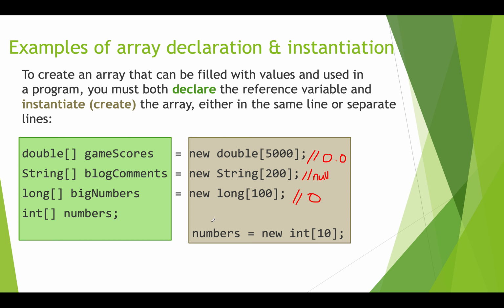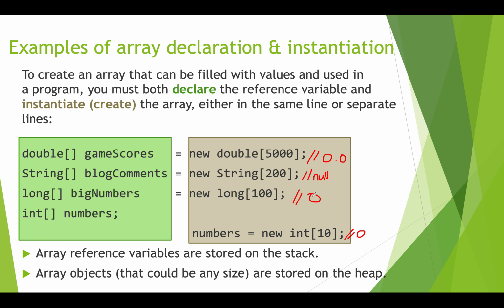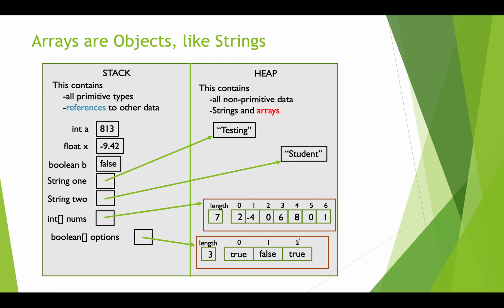Later on in our code, we can say numbers equals new int 10, and this is creating an array that can hold 10 ints whose default value will be 0, and assigning that memory location on the heap to our numbers array reference variable. So these things over here are stored on the stack, and the actual array objects that might be of varying size are stored on the heap.